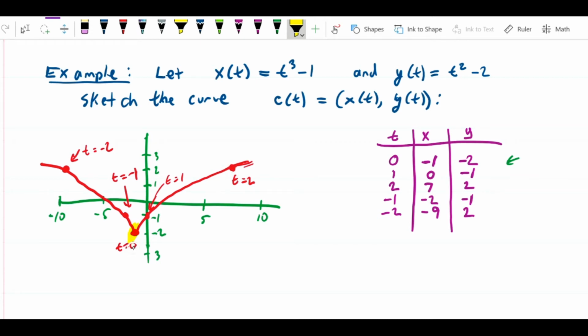Maybe the object came from someplace, and 1 second ago it was over here, and 2 seconds ago it was over here. So you can think of this almost as a path of an object moving through space as time proceeds forward. That's one interpretation of the parameter. And if you go on in physics or any form of mechanical engineering, you will frequently see motion described in this way.